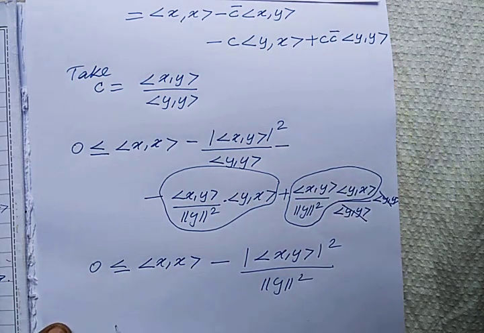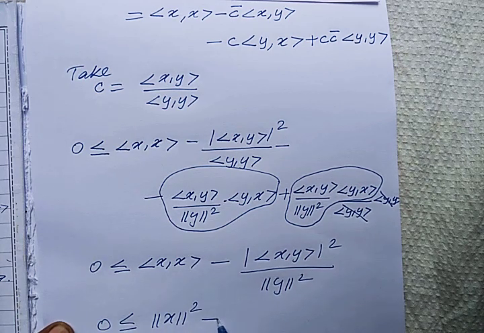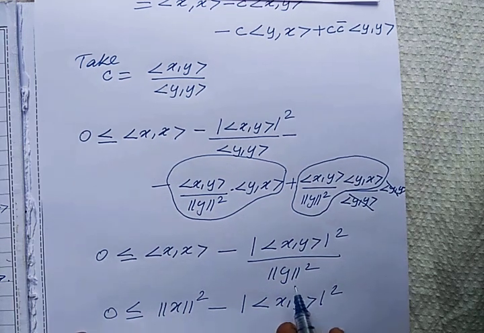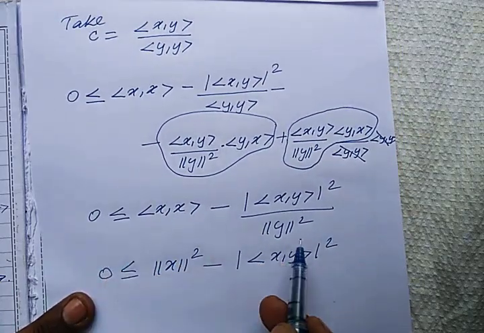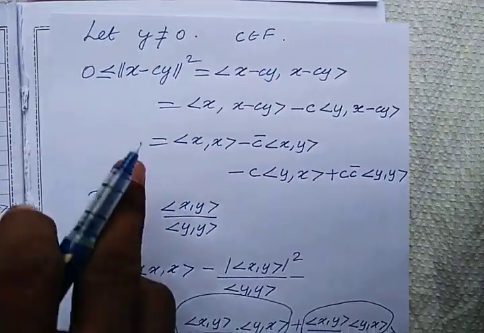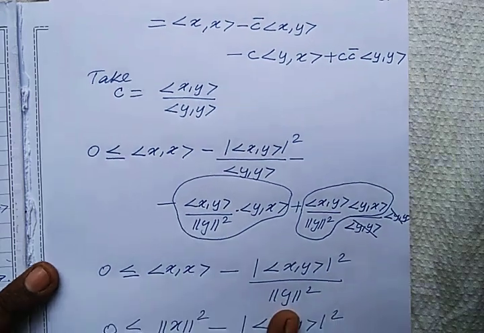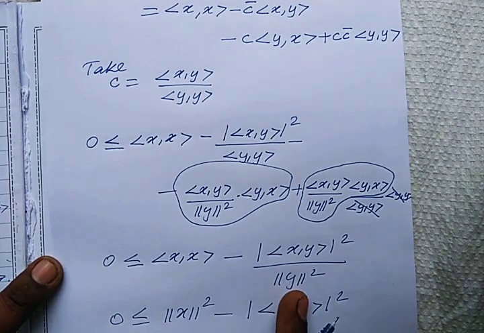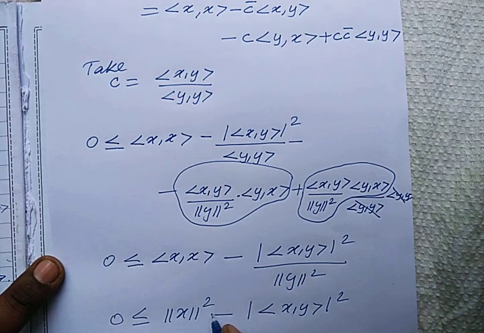It is norm x square minus the modulus of the inner product of x comma y the whole square by norm y square. Since y is a non-zero vector, norm y is positive, so we multiply on both sides by norm y square.